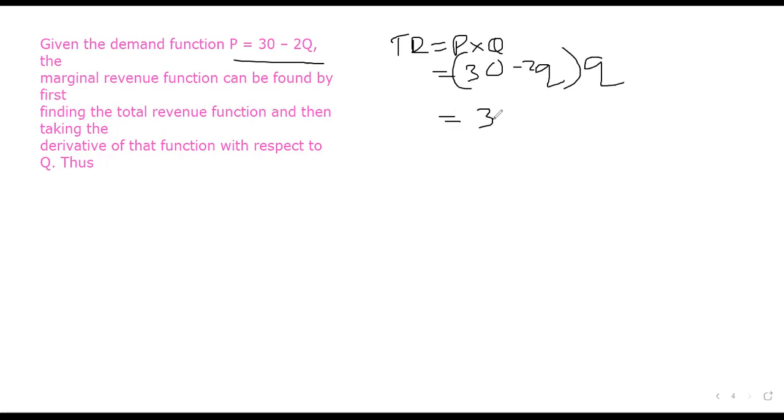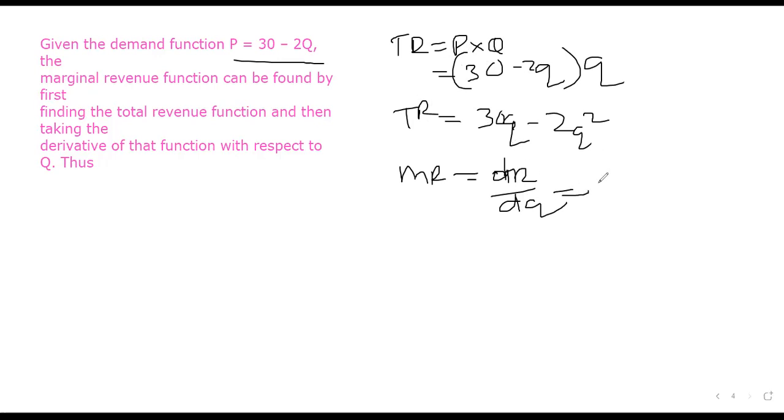So our total revenue will be 30Q minus what? 2Q squared. So this is called our total revenue. Our marginal revenue is when you differentiate this, the TR over the Q. So 30Q becomes 30, 2Q squared becomes what? 4Q. So this is called our marginal revenue.